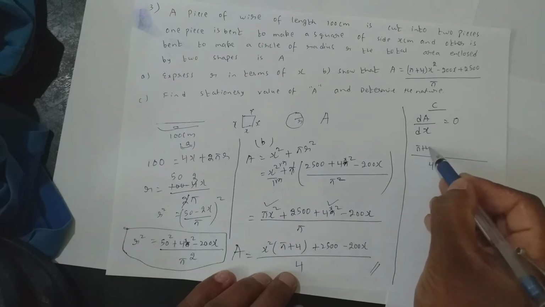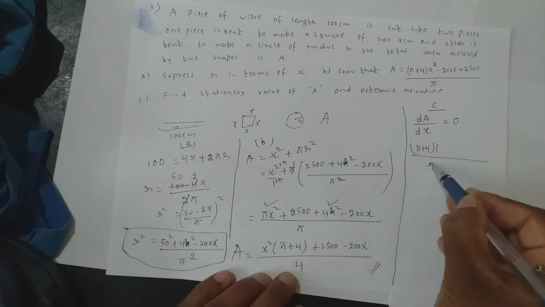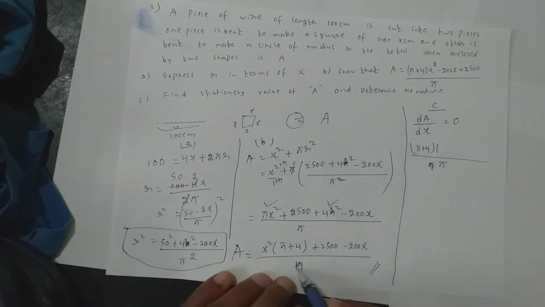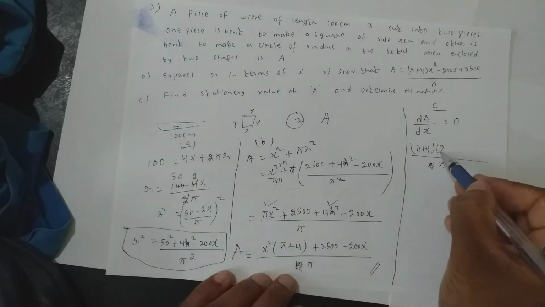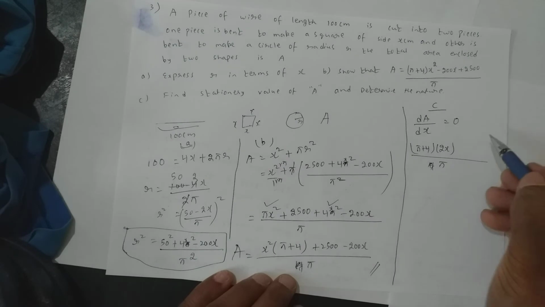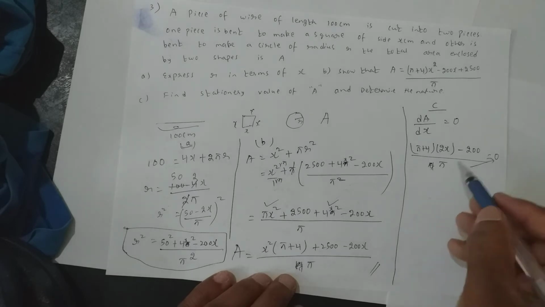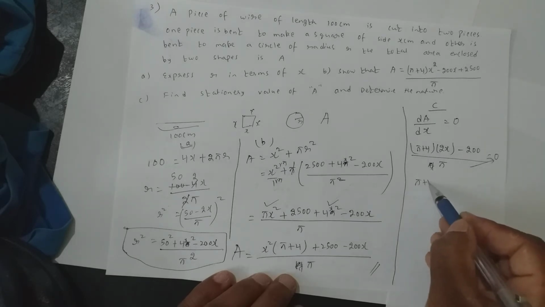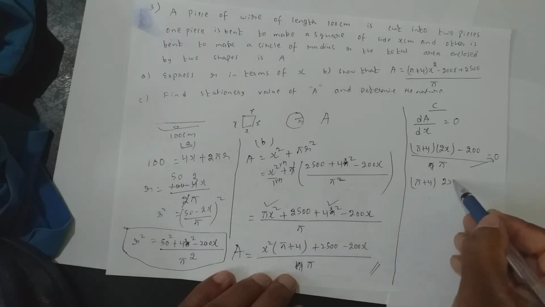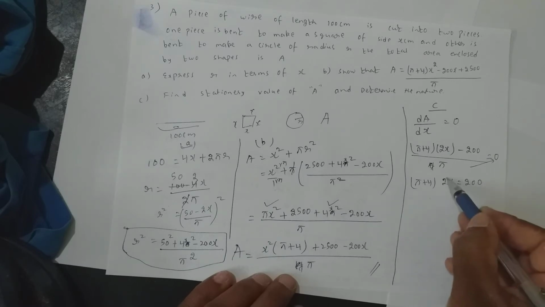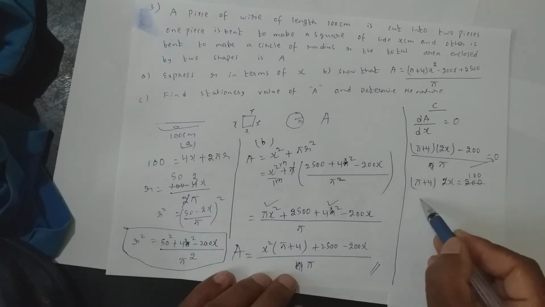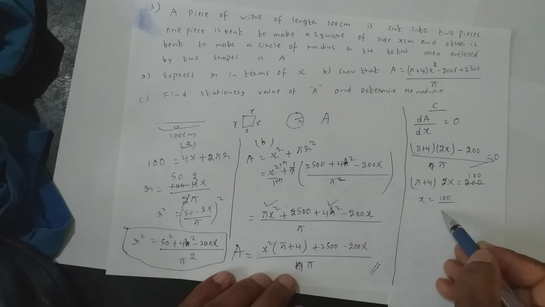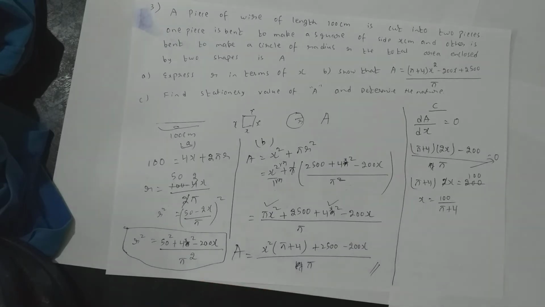Pi plus 4, for x square it is 2x, for 2500 it is 0, and for minus 200x it is minus 200, equal to 0. Pi goes to the other side, becomes 0. So now it is (pi plus 4) into 2x equal to 200. So x equals 100 by (pi plus 4).